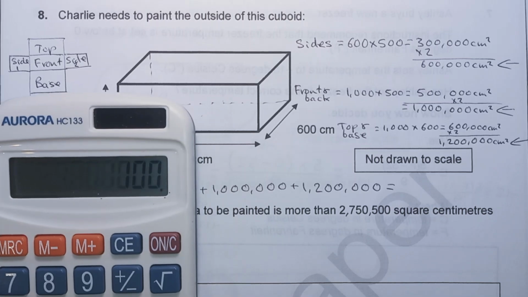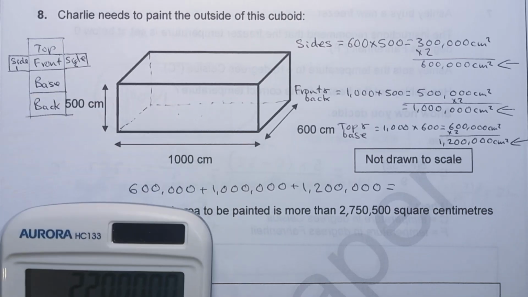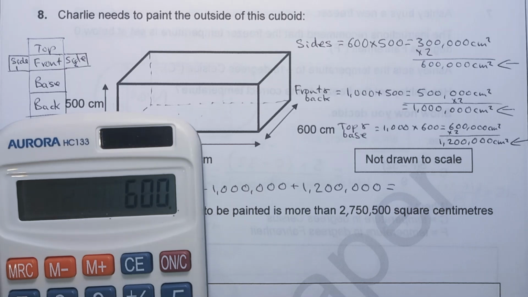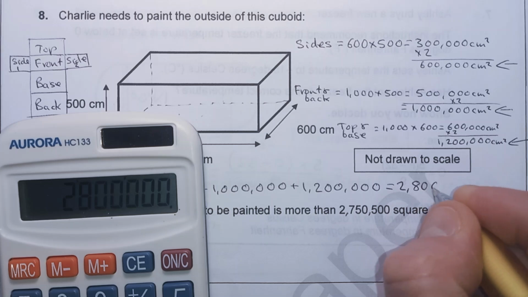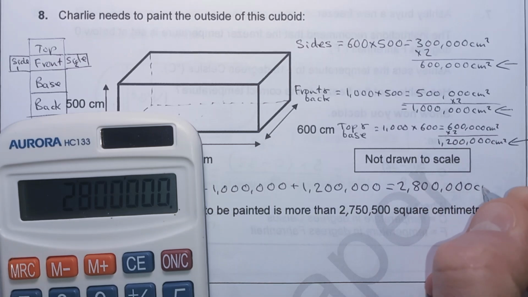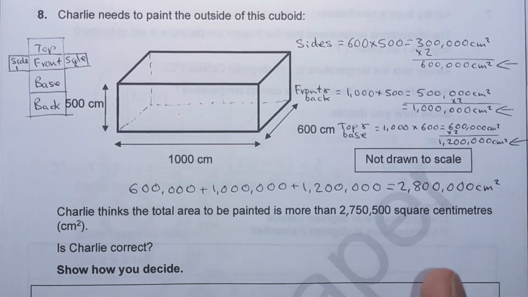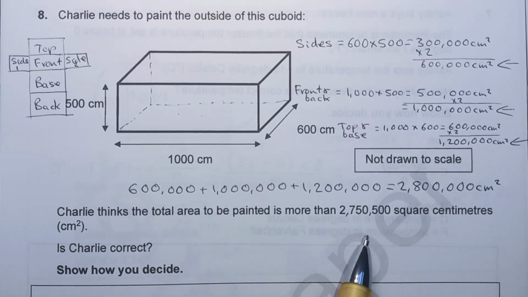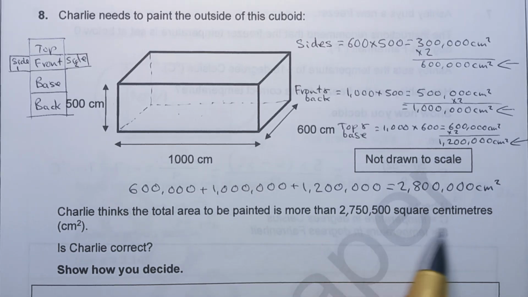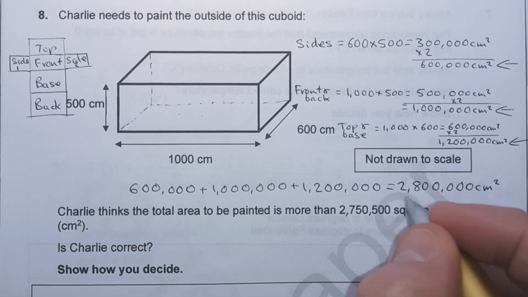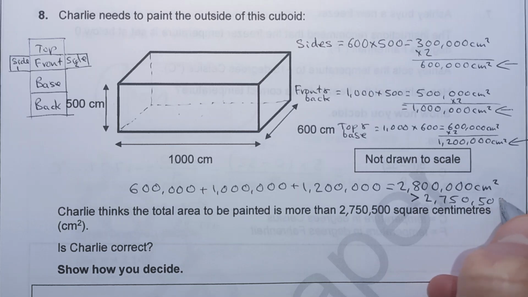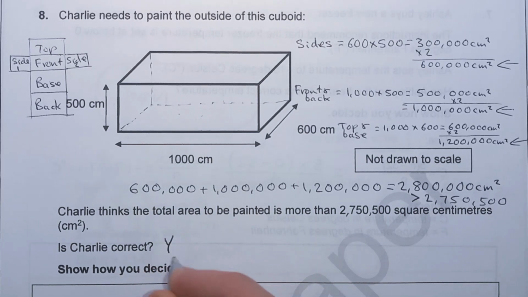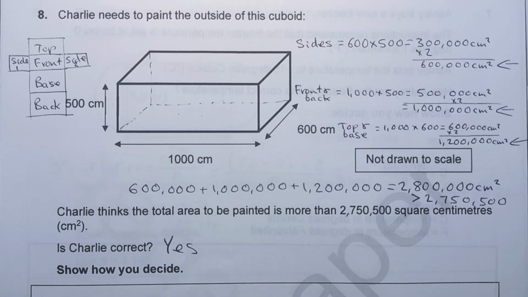We can add in the 1 million and the 600,000, which gives us 2,800,000 centimetres squared. Charlie thinks the total area to be painted is more than 2,750,500 square centimetres. Well, that is larger than that. So is Charlie correct? Yes. I just mentioned this is a 3-mark question again here.